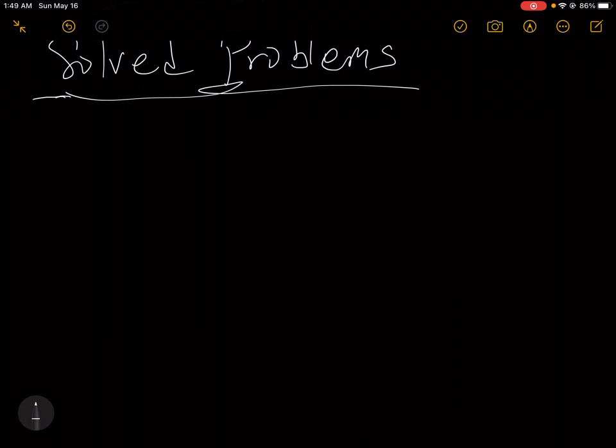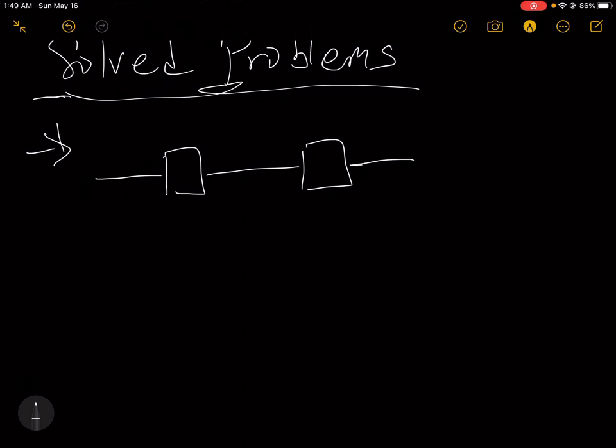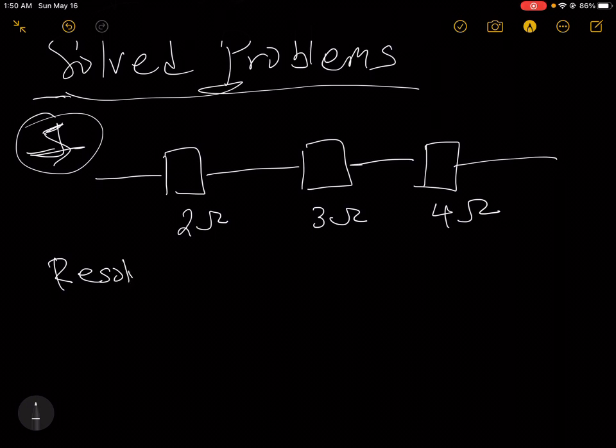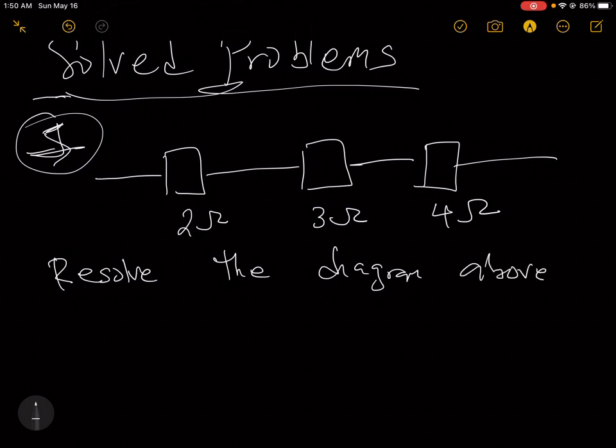So, for example, now if we have this, let me call this example one. We have 2 ohms, 3 ohms, and 4 ohms. Now, if I say resolve the diagram above, it's simple.